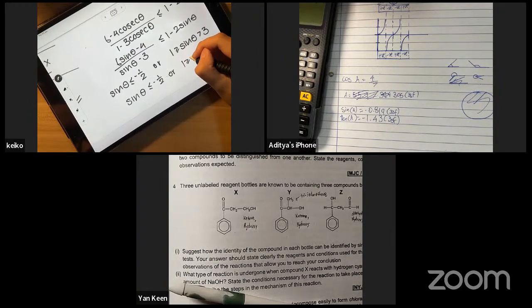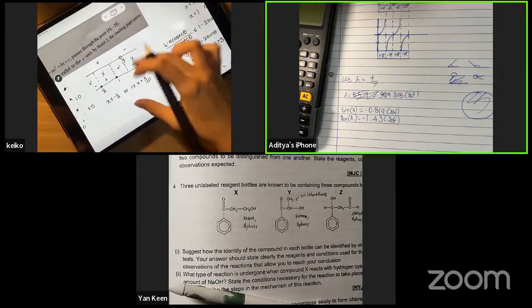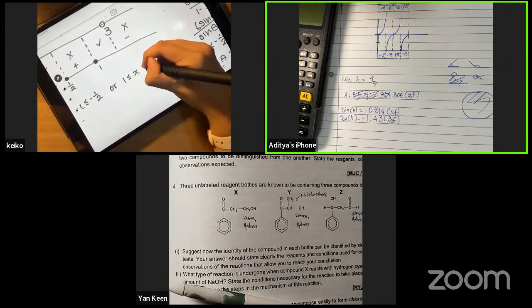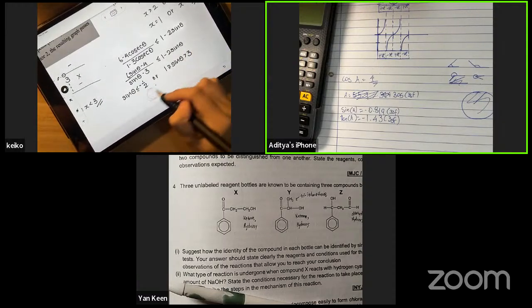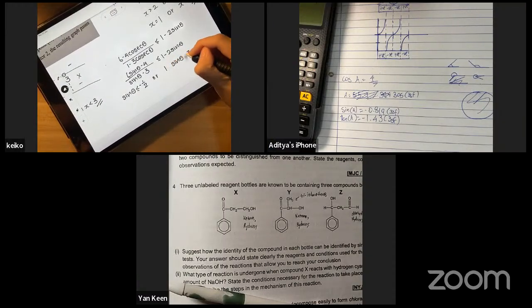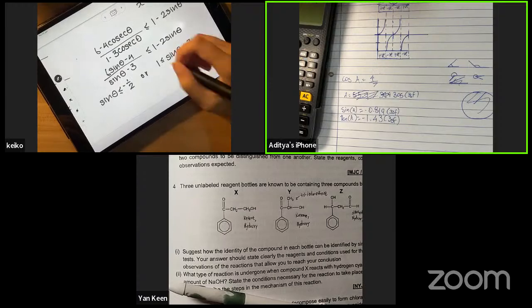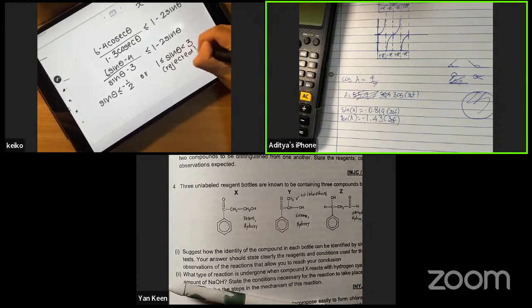What's the coordinate? Wait, this is origin. This is 0, 0. This is not very difficult, right? The coordinate here will be 3 comma minus 4.